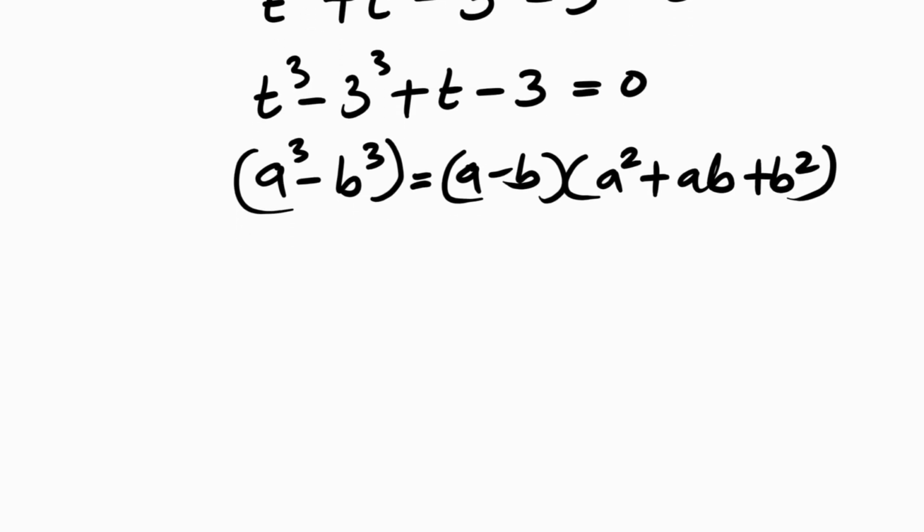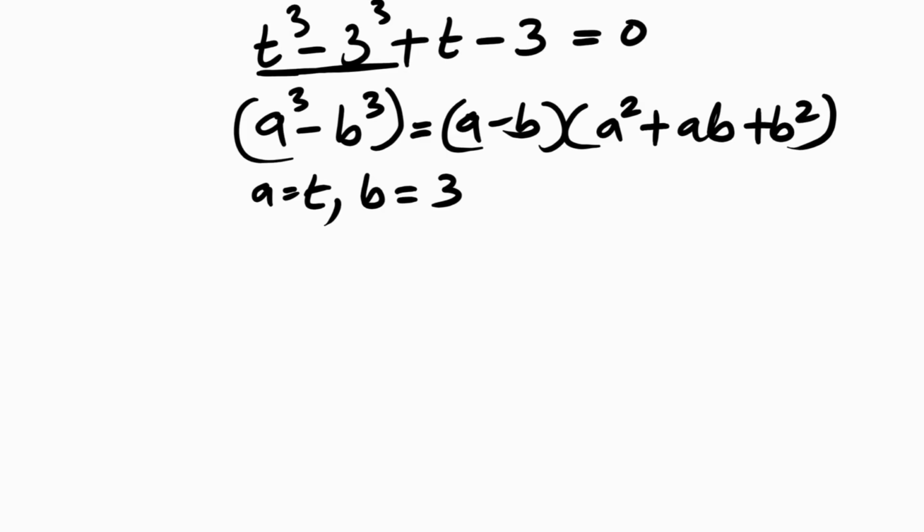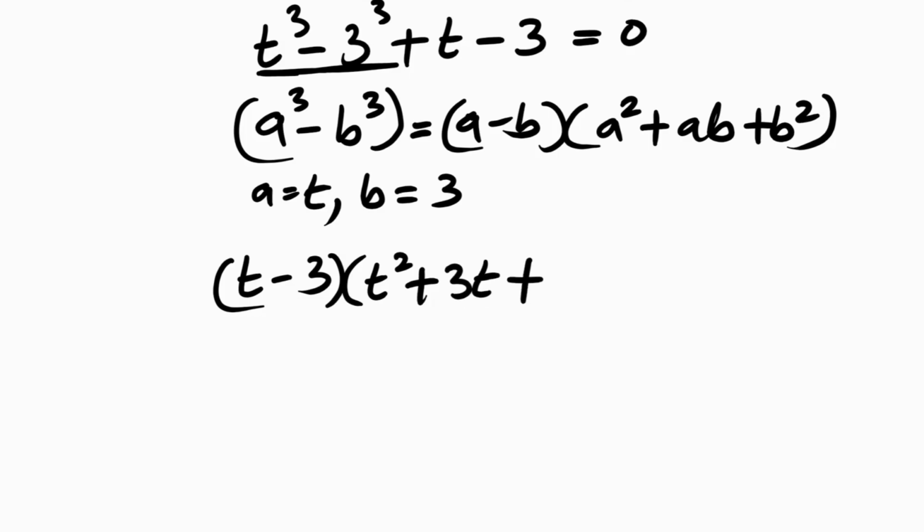Great, so let's rewrite t^3 minus 3 cubed in that format. Now our a is t and our b is 3. So now we have t minus 3 into t squared plus 3t plus 3 squared.